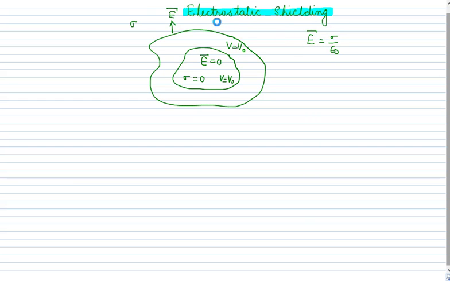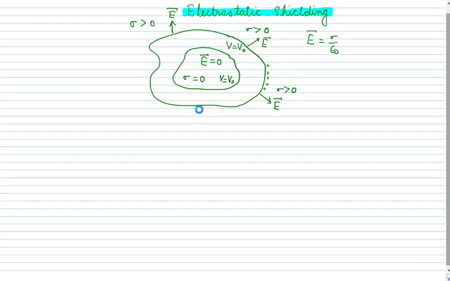So if the value of E is there, that means sigma will have some positive value over here, and if this is the direction of E, then sigma will also have some positive value over here. This is the way we can say. And here also E will have some value, because all the positive charges we have given will reside on the surface. So if this is the direction of E, there also sigma will have some positive value.